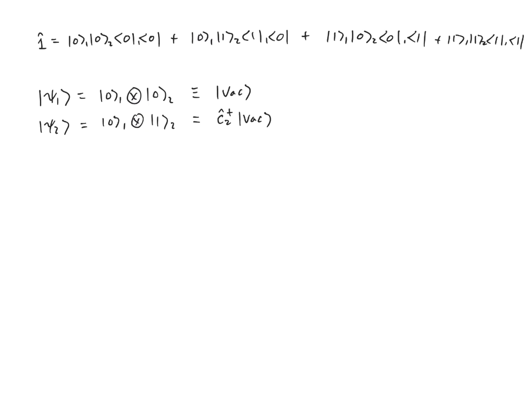Good. Likewise, for our psi3, we defined this as a single particle occupying orbital 1 and no particles occupying orbital 2. And this can be obtained from the vacuum state by simply creating a particle in orbital number 1. Good. What about psi4?